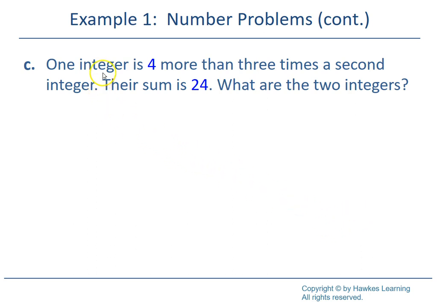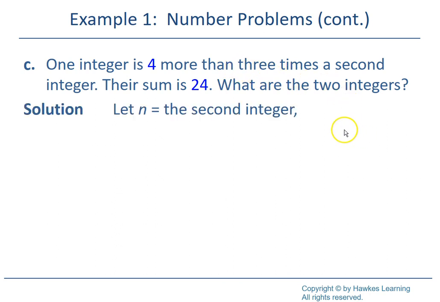All right, one integer is 4 more than 3 times a second integer. Their sum is 24. What are the 2 integers? Well, let n, in this case, equal the second integer.